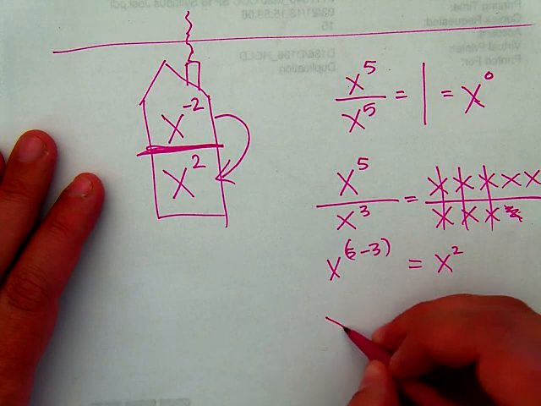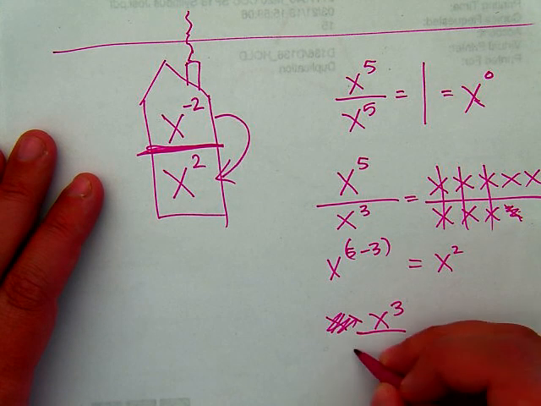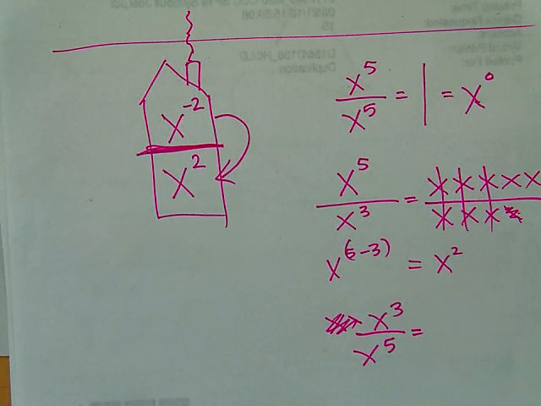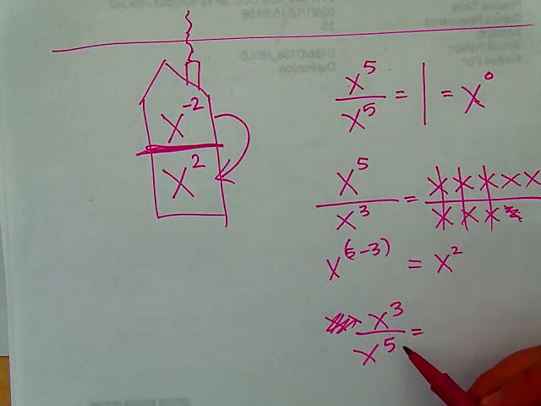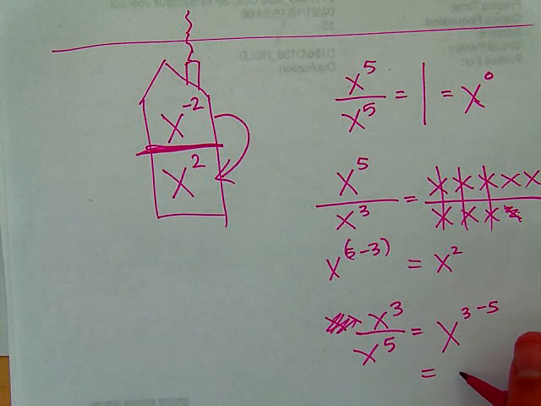If I go to x to the 3rd divided by x to the 5th, if I just use my rule of subtracting, I have to be careful in which order I subtract the numbers, right? So if I go 3 minus 5, I'm going to get -2.